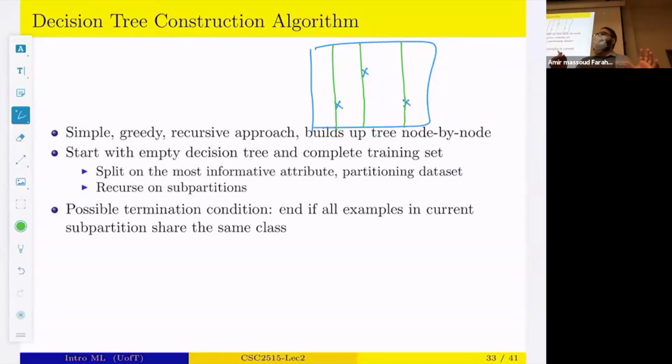Because the way we relate the splits to probabilities is just counting how many, say, oranges are on the left side and how many oranges are on the right side. If I just move this a little bit before reaching another data point, the number of points on the left side and right side does not change. So essentially, I need to do n times the number of data points type of split for each attribute.